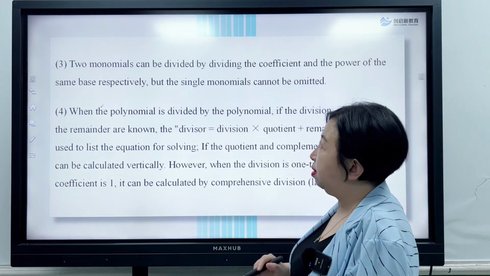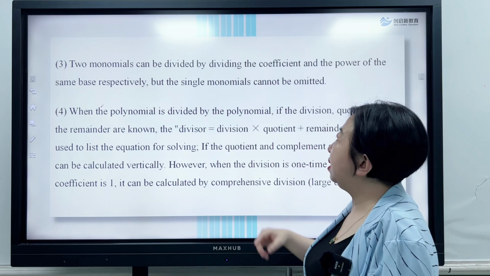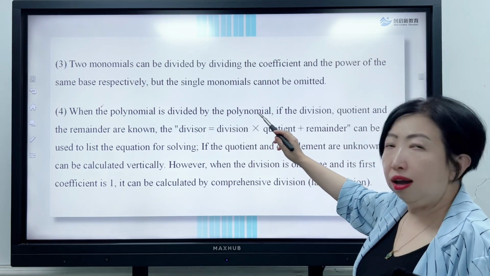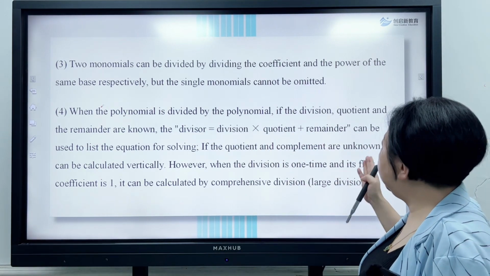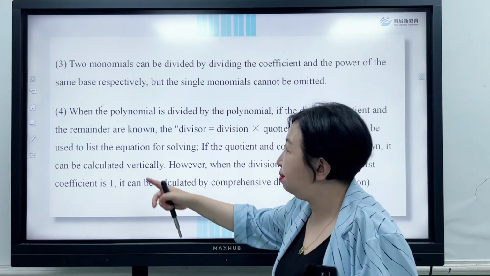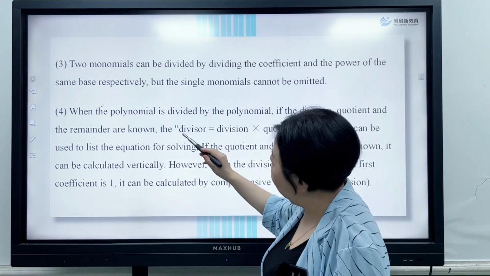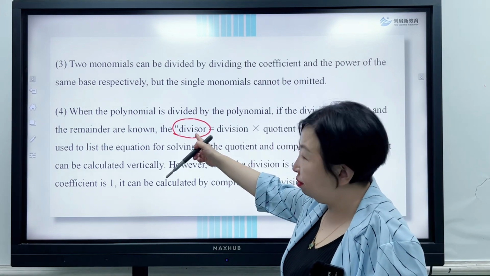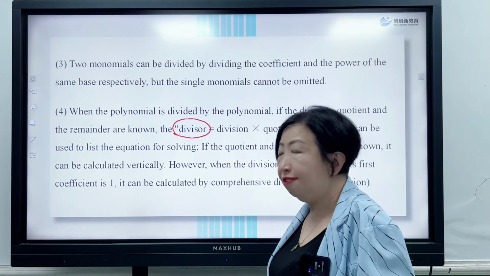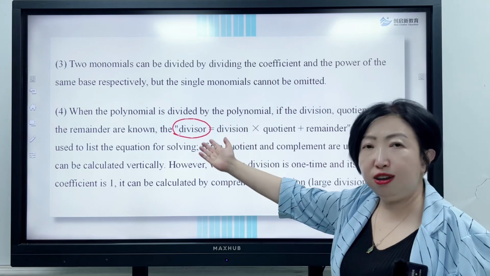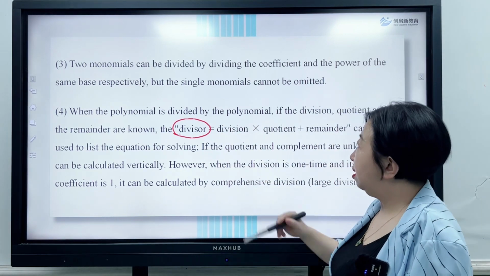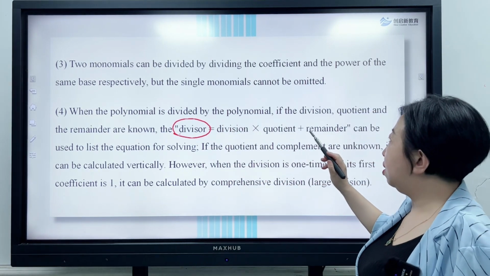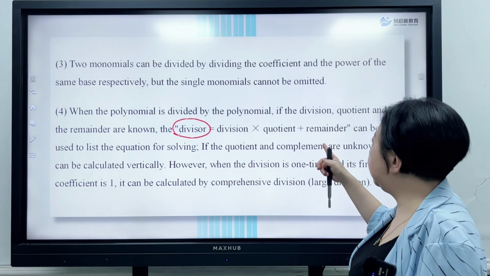When a polynomial is divided by a polynomial, if the quotient and remainder are known and we want to find the dividend, we can use dividend equals divisor times quotient plus the remainder.